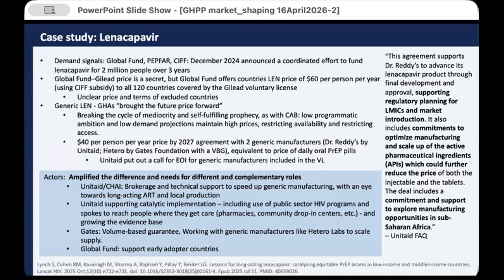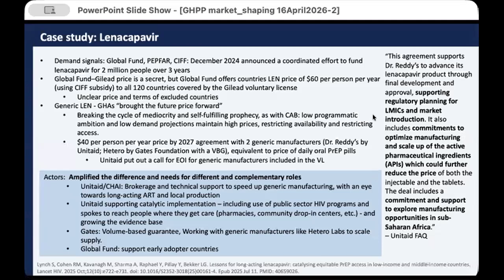The agreement with Dr. Reddy's, I just want to flag, includes a number of things. It includes commitments to optimize manufacturing on the API side, which could further bring about expected price reductions. And also, there's a commitment to support regional manufacturing opportunities in sub-Saharan Africa.